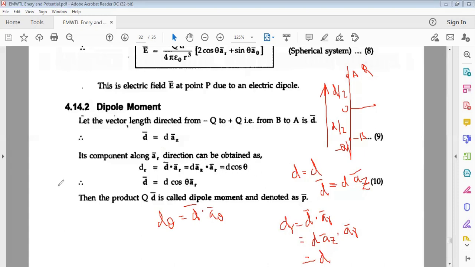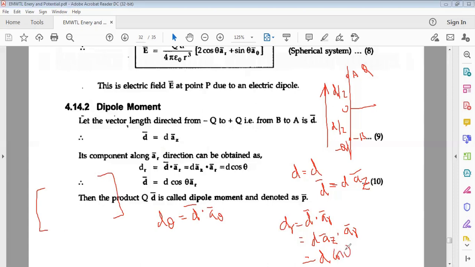In the vector transformation, we have the matrix form with sin theta cos phi and so on. D is the magnitude here, and a_z bar dot a_r bar, by using the vector transformation, is equal to cos theta.